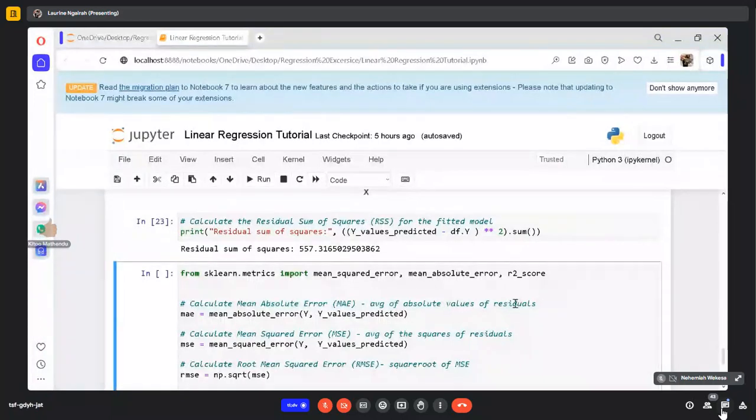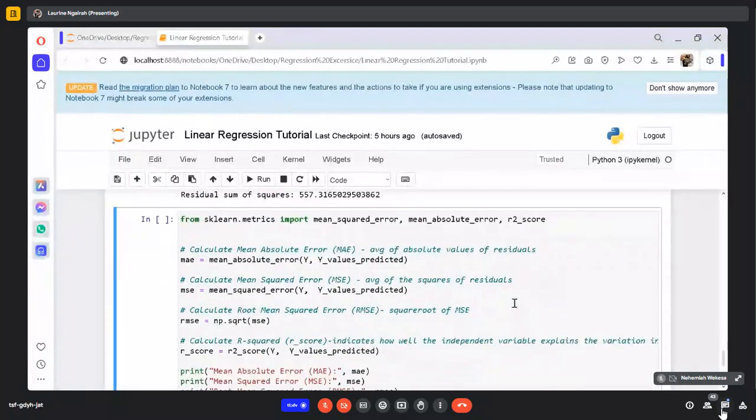Okay. So we are moving on to the MAE, that's the mean absolute error. Basically, we are just taking the average of the absolute values of the residuals.